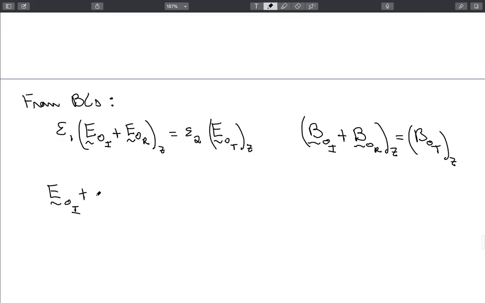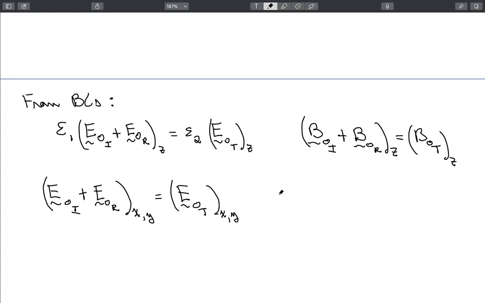The third one tells us that E incident plus reflected, for any x or y component, has to equal transmitted, any xy.